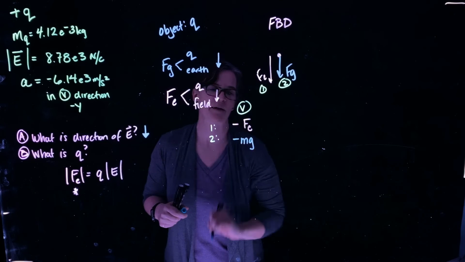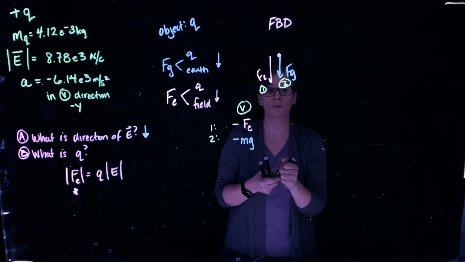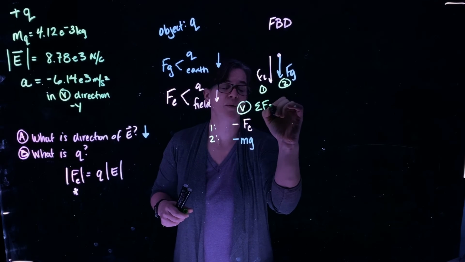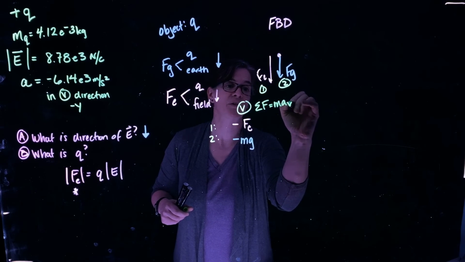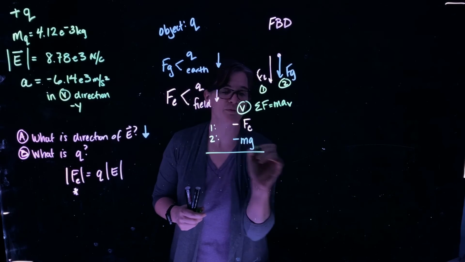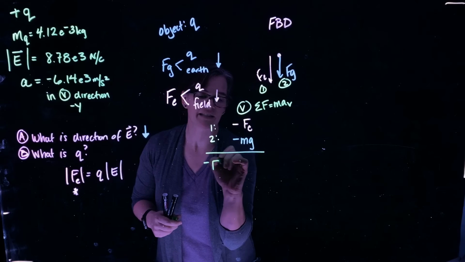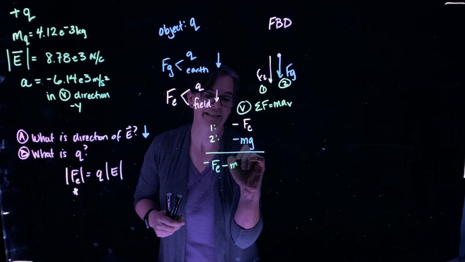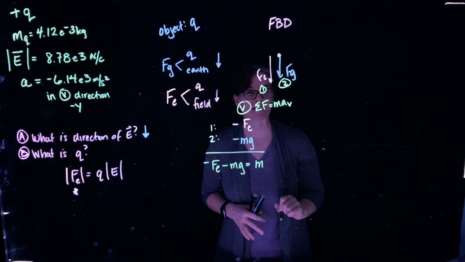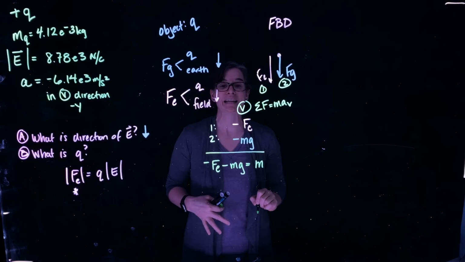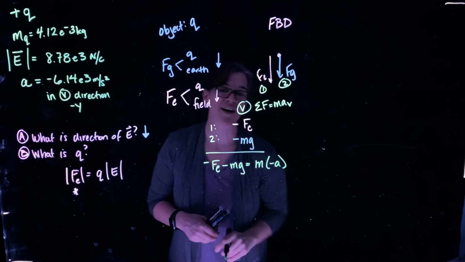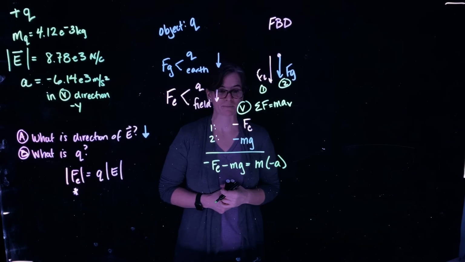That's minus mg, also in that downward direction. Applying Newton's second law, we know the sum of the forces is equal to the mass times the acceleration in the vertical direction. So I can add these two forces up. I have minus the electric force minus mg is equal to the mass times the acceleration. And I'm going to be explicit in my acceleration here. We know that acceleration is also in the negative direction.